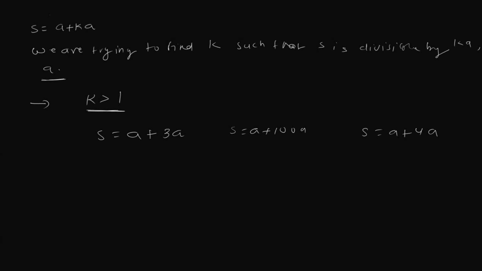So if you see the second element in all possible values of k, we will always have a greater number than a. Yes, this is so direct. We'll always have a second element greater than a.